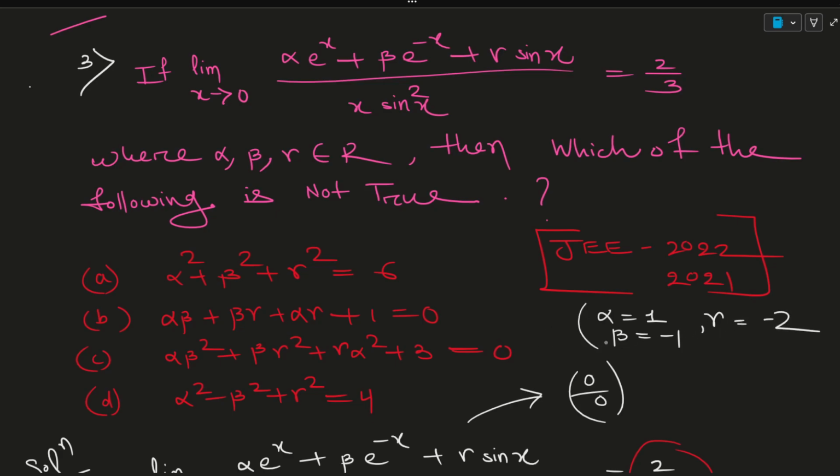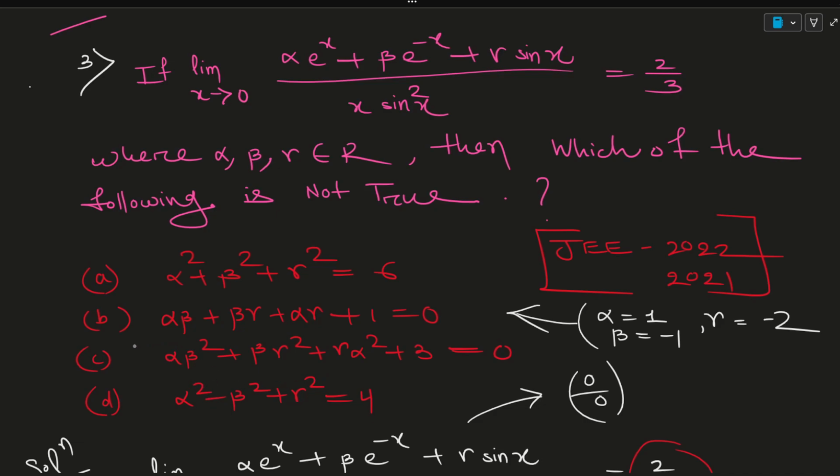Now we'll verify our options here. By verifying, we can conclude that statement 1 is true. Option D is also true. That is, alpha square will be 1, beta square will be 1, so it will be 4.